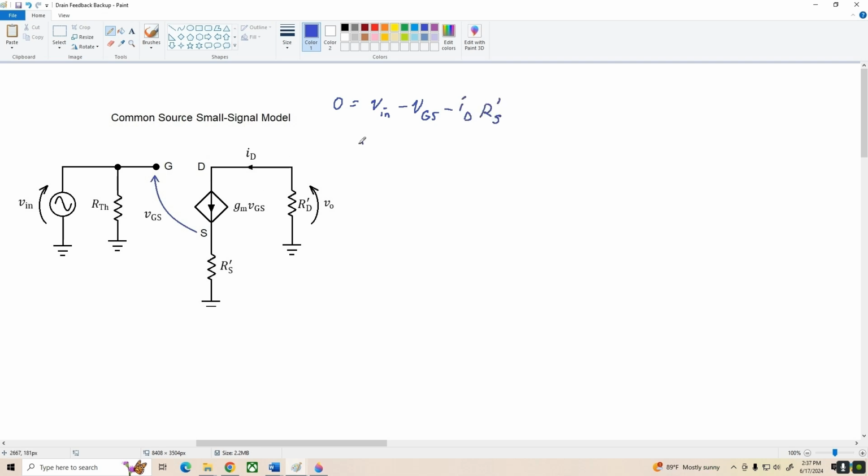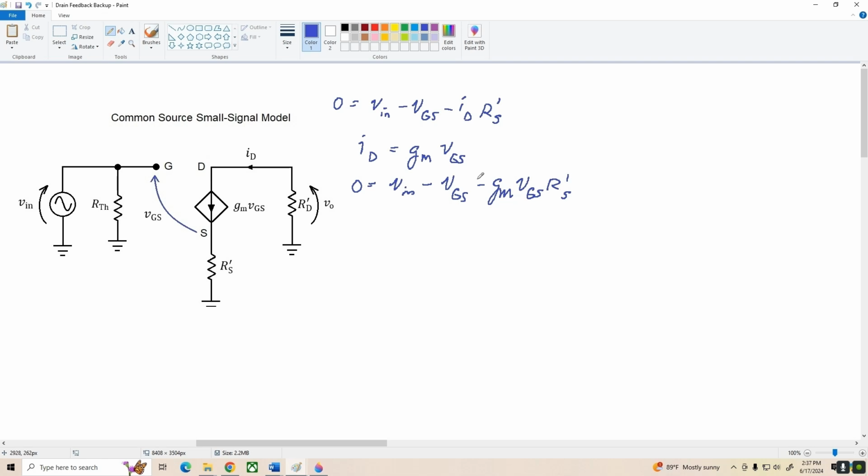And we know that the drain current is equal to gm times VGS. So now we substitute this into the first equation, which gives us 0 equals Vin minus VGS minus gm times VGS times R'S.